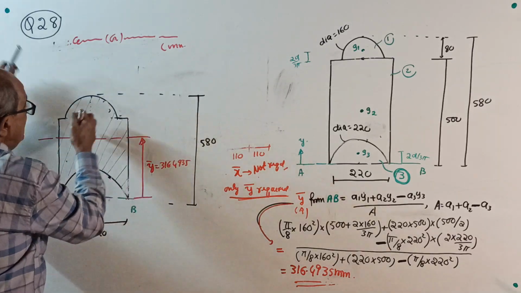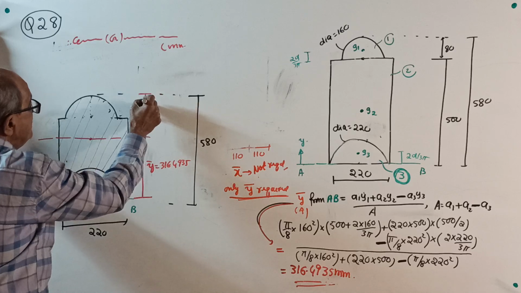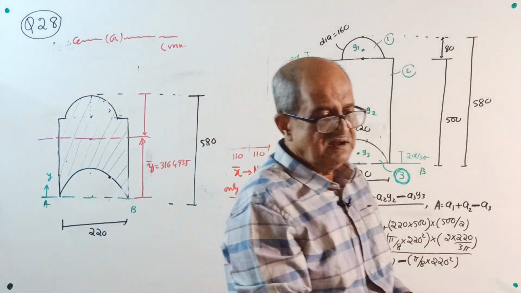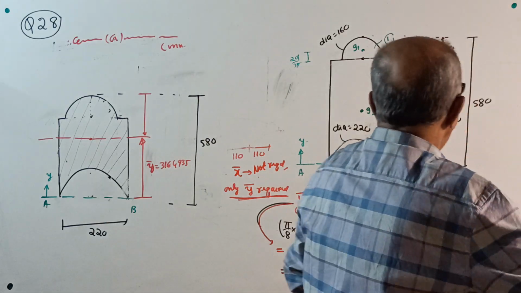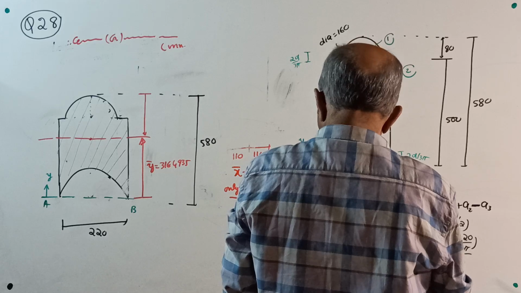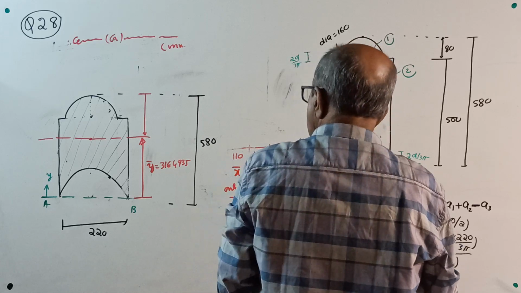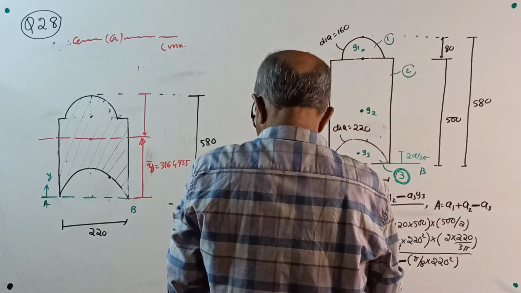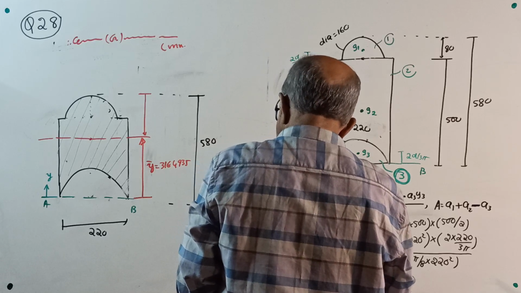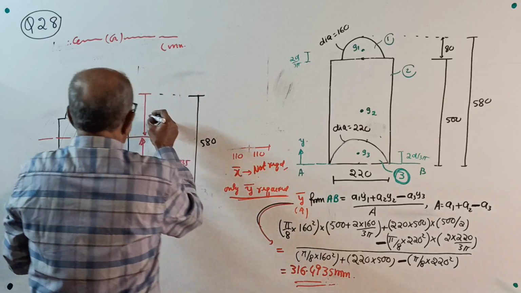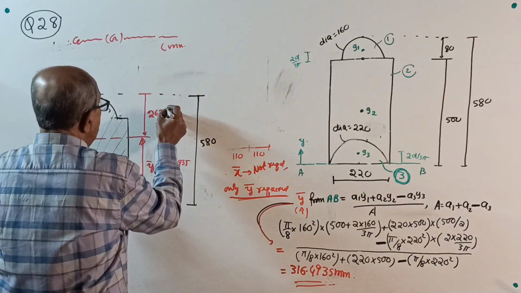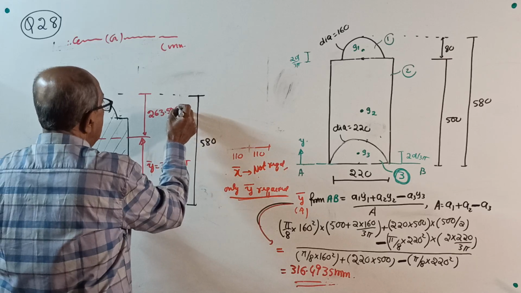316.4935. Now if you want it from the top, this distance will be 580 minus 316.4935, which is 263.5065. That is the answer.